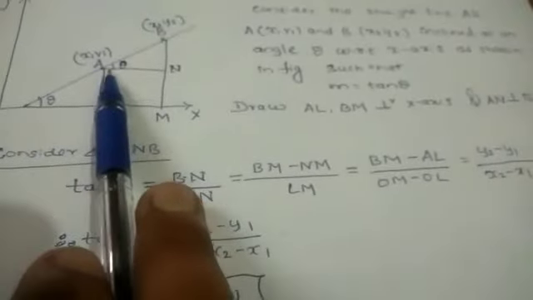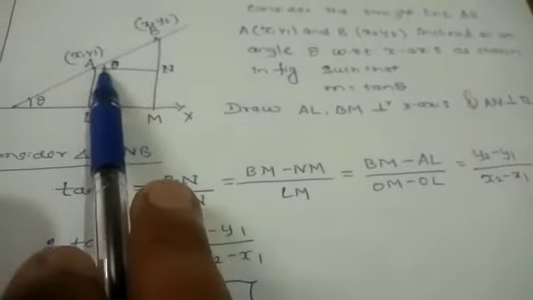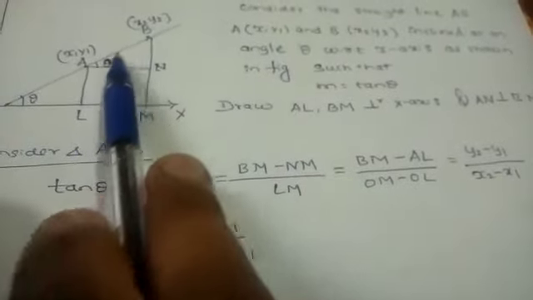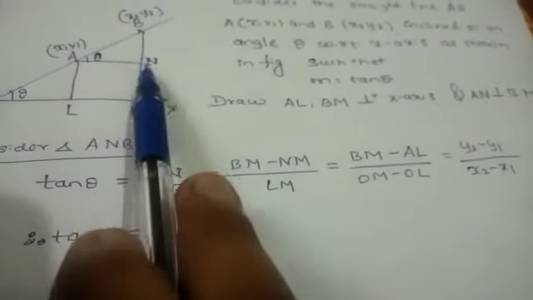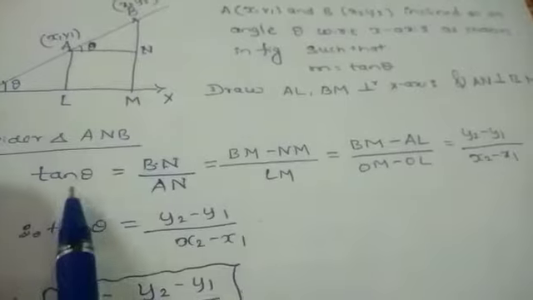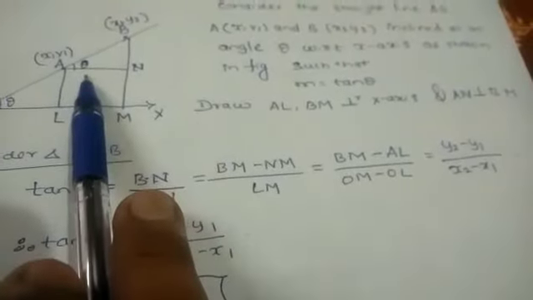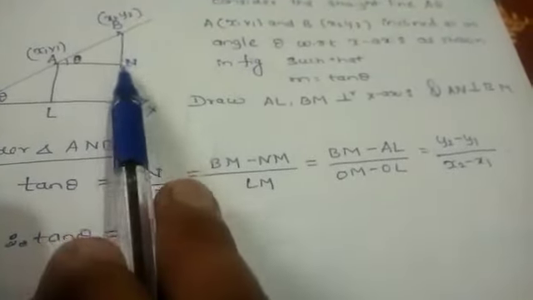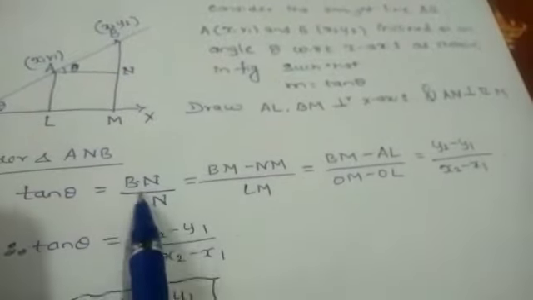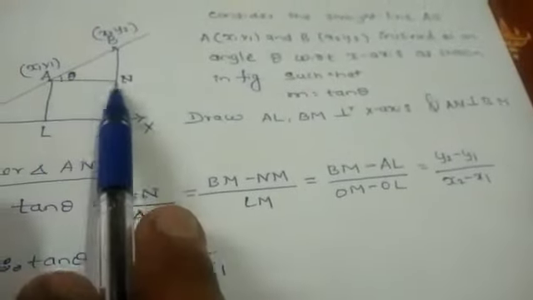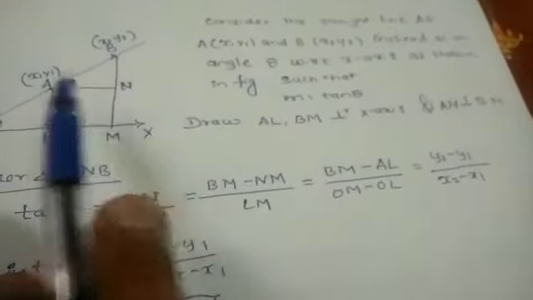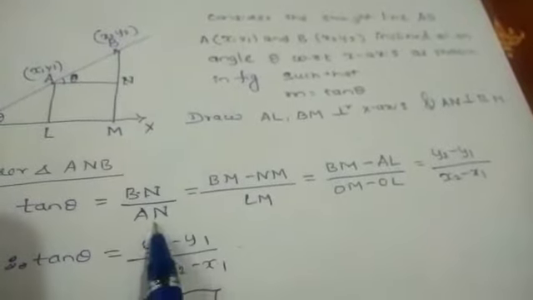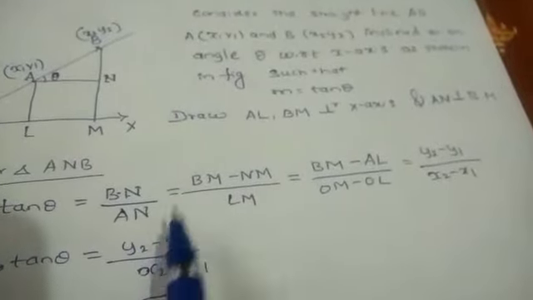After drawing the perpendicular lines, we get a right angled triangle ABN. Tan theta is equal to BN divided by AN, that is opposite side divided by base.